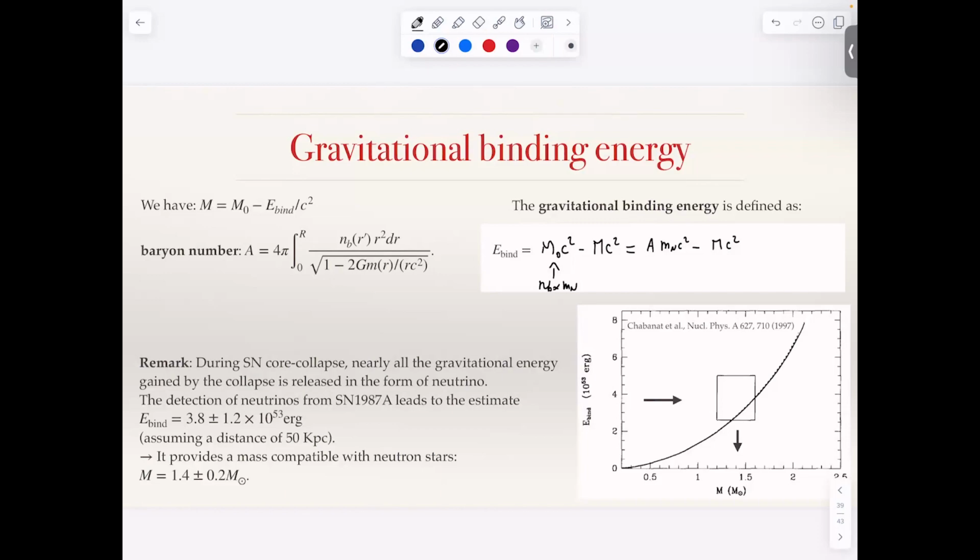And this is an interesting quantity because I took this figure from a paper by Shabana et al.